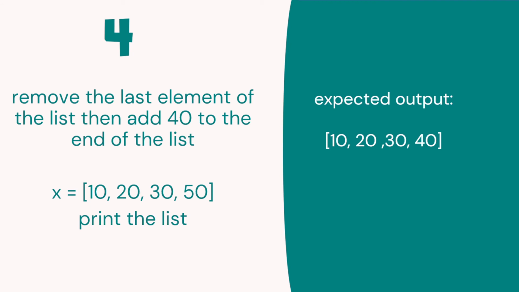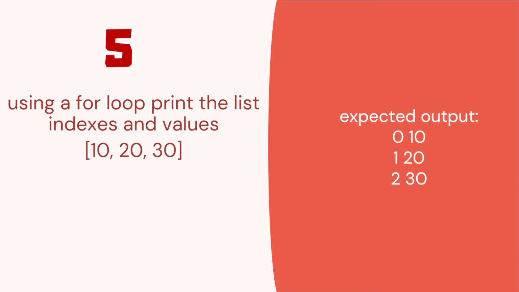Number 4, remove the last element of the list, then add 40 to the end of the list. So we've got 10, 20, 30, 50, but once we remove the 50 and add 40, then we've got 10, 20, 30, 40. Finally, number 5, use a for loop to print the list of indexes and values.